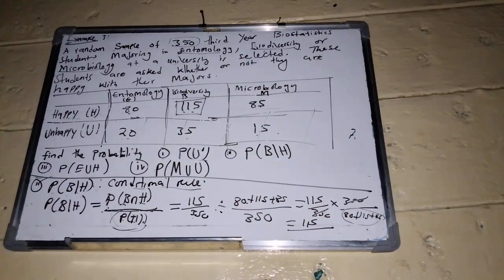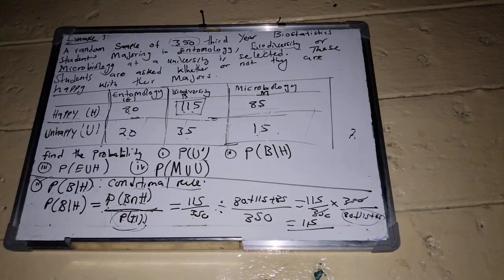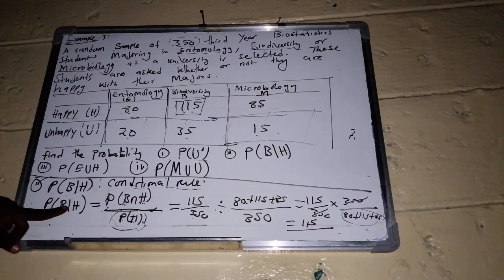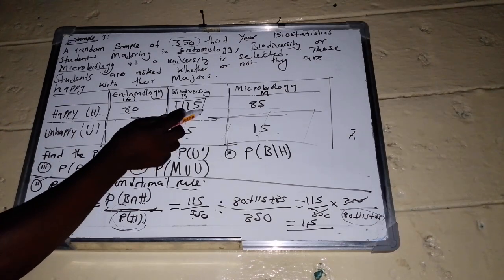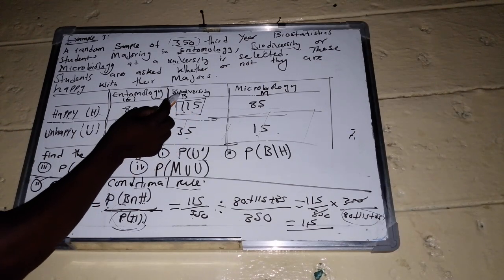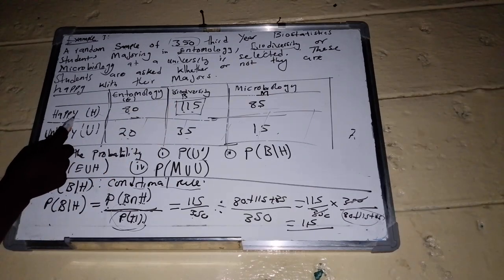Okay, so we're looking at the probability of B given H. This is just as good as looking at the number intersecting biodiversity and happy, divided by the total happy.